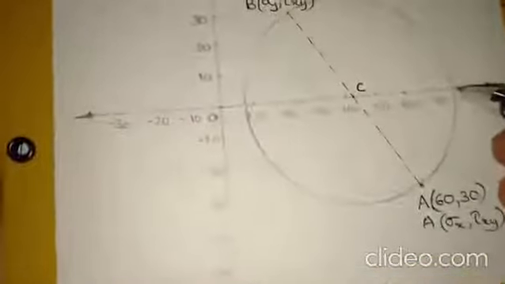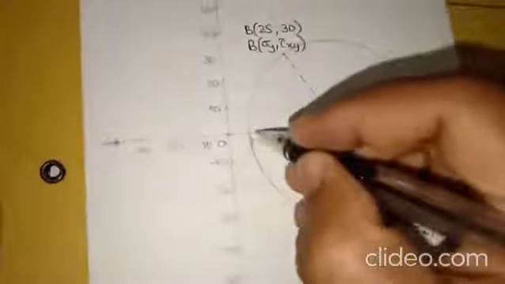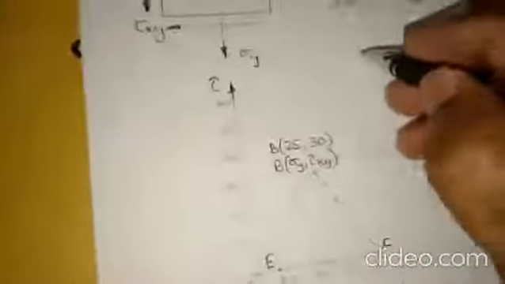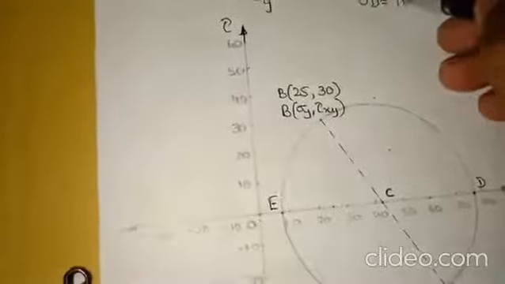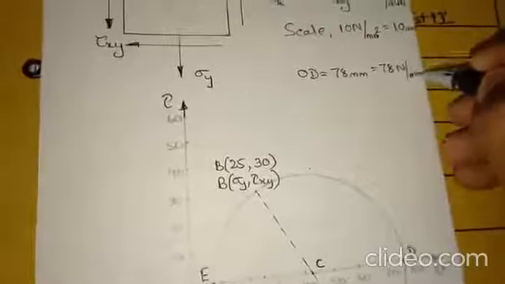That's it. And now we will start marking the points. The circle cuts the x-axis at some points, so I will mark them. After C, I will take this point as D, and this point as E. Now from O to D, OD is about 78 mm, and as per the scale it represents 78 Newton per mm square.